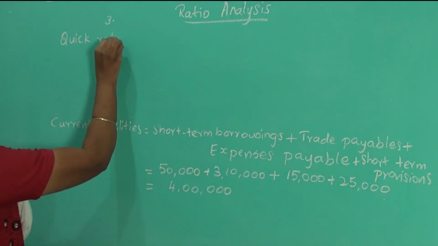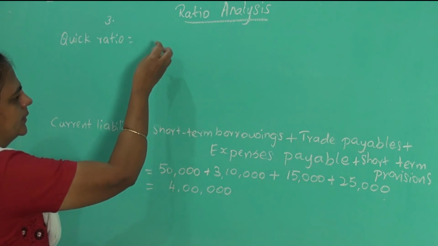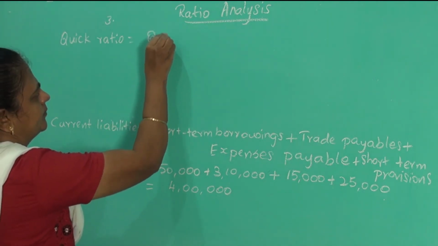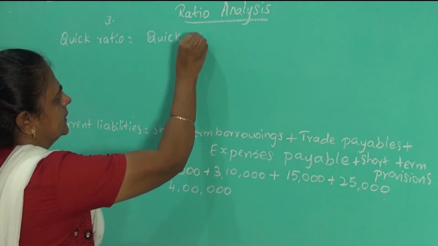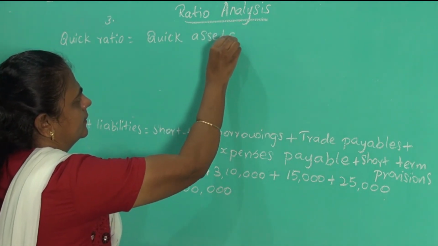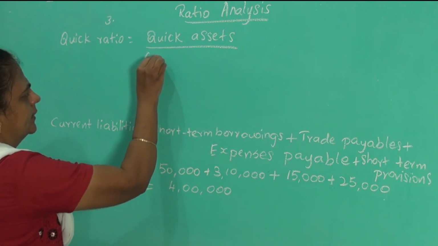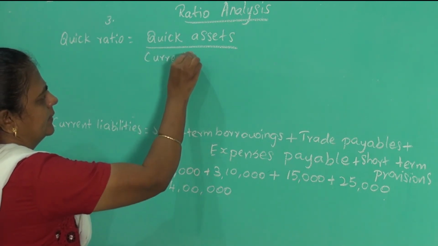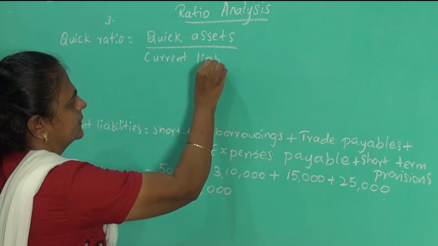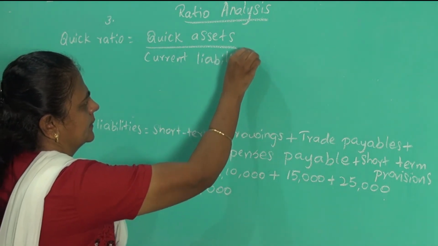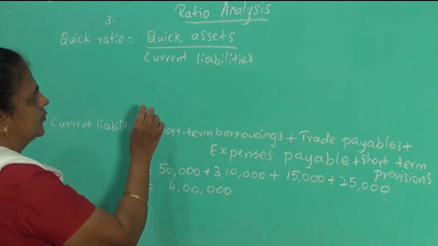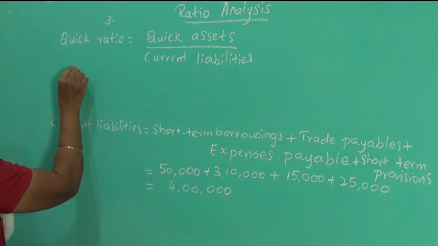Quick ratio is equal to quick assets divided by current liabilities. Okay, so quick assets you have to calculate.